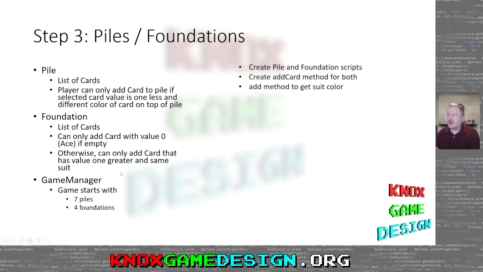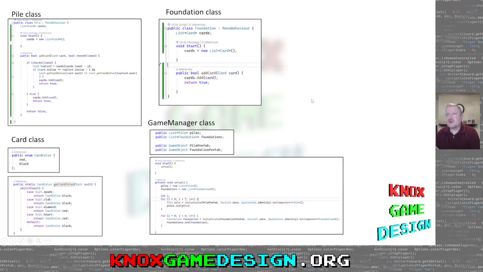I think you could really use an implements in here to force each of those to have an add card method, like an interface. You can add a method to get the suit color as well. So here's the pile class right here, the foundation class, and the card class.